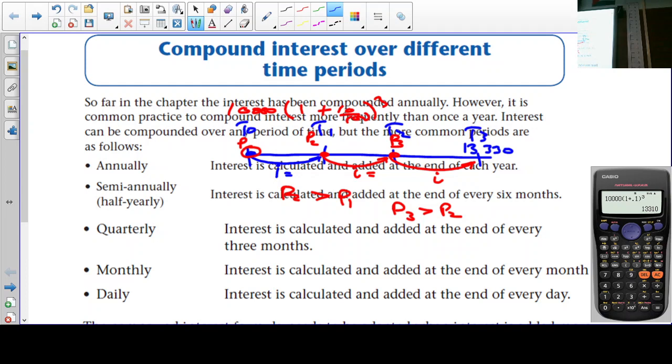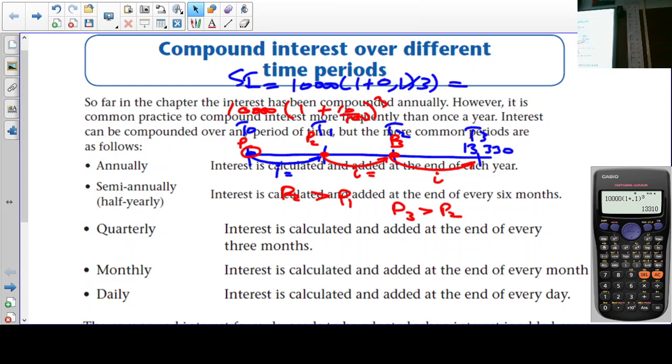If you had calculated the simple interest here, it will be 10,000 into 1 plus, similar to the calculation we did yesterday, 0.1 times 3. If you do a simple interest on that, it gives you an answer of 13,000 Rand.